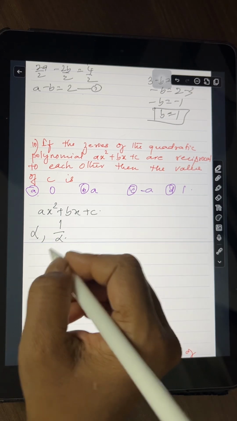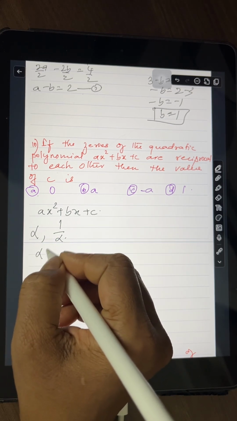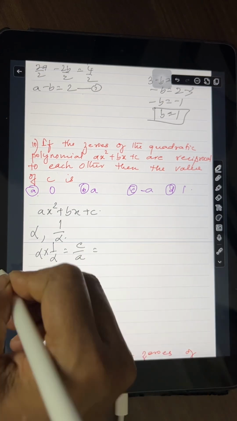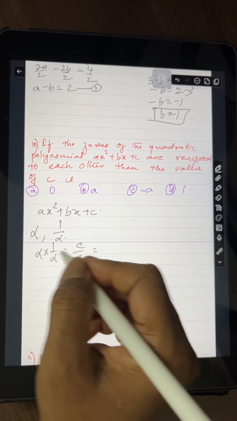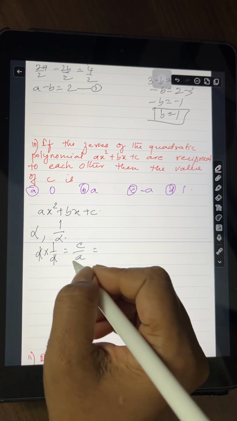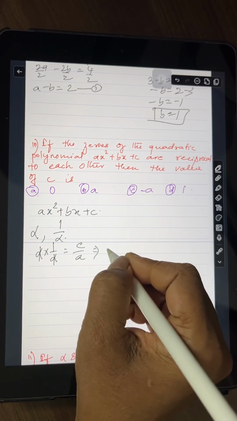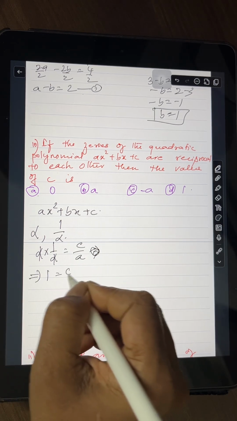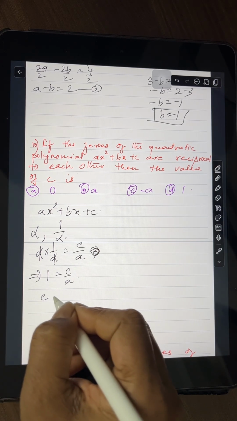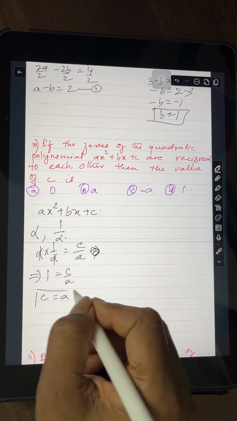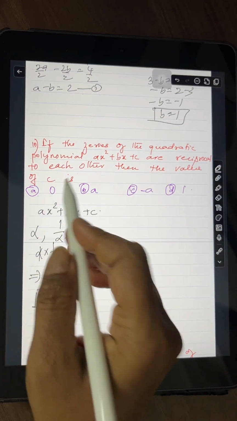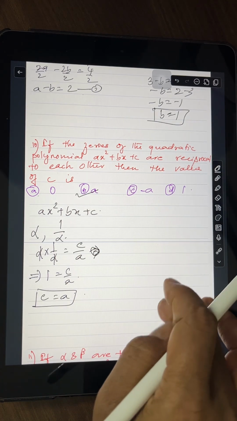So for product, what is the rule? C by a is the rule for product of two zeros. So you can cancel both of this. So this will become 1 is equal to c by a. So c will be equal to a. So what he is asking? He is asking the value of c. C is nothing but a.